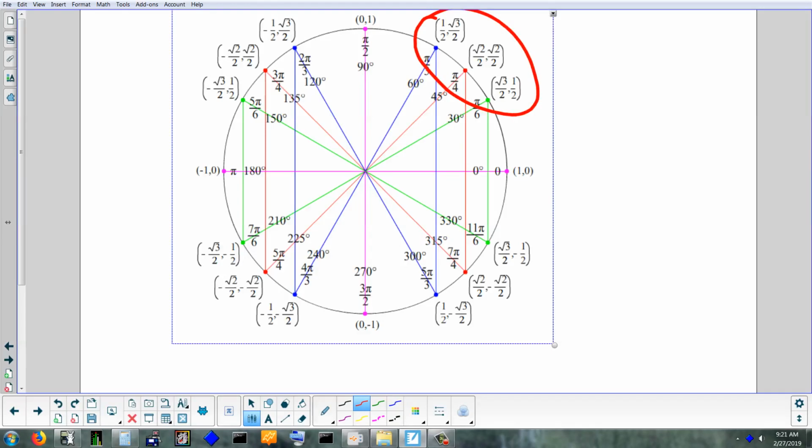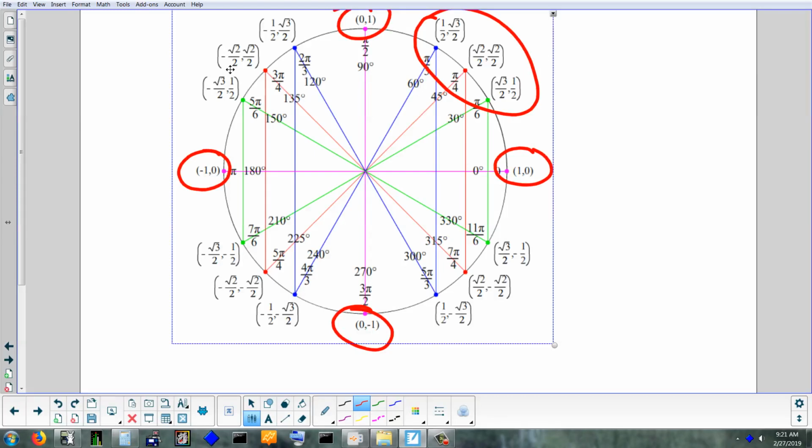Now the other ones, we did these the very first day. Sometimes people forget about those. Those are the easy ones. The coordinates all have a 1 and a 0 in them because they're all on the axes. So knowing those things that I circled does everything that we learned all week so far. And that's how you do unit circle trig.